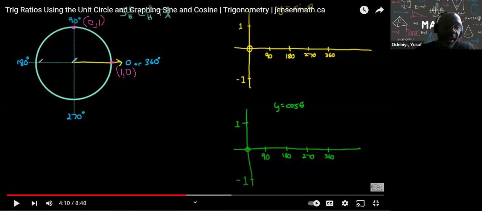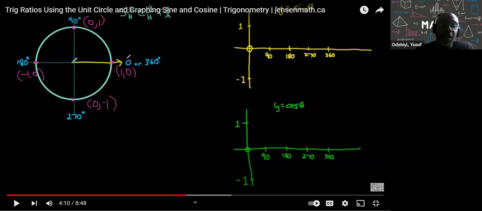And if I go over here, my coordinate at that point would be: my x is on the negative side, so this would be -1, and my y is at 0. If I come over here, my x is at 0 again, but my y is at -1.